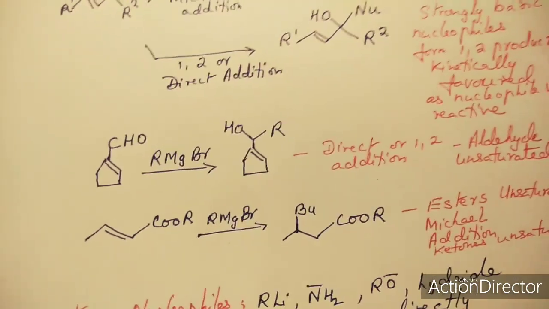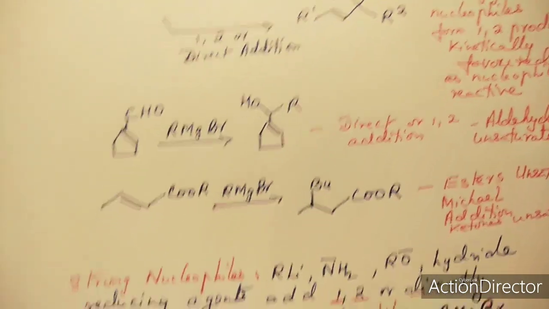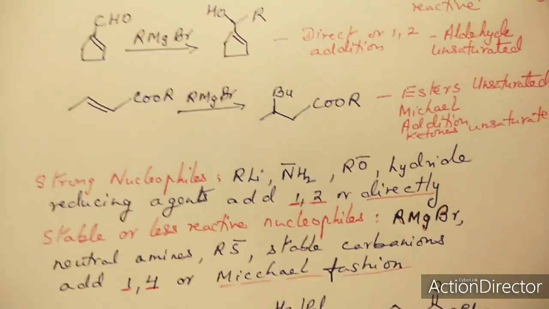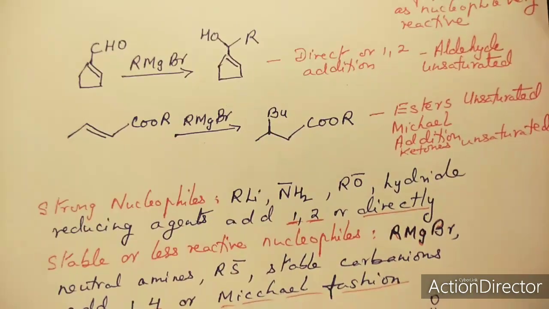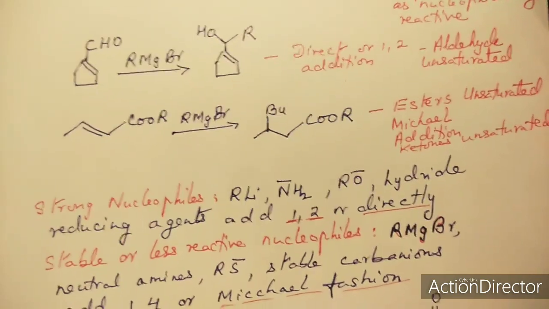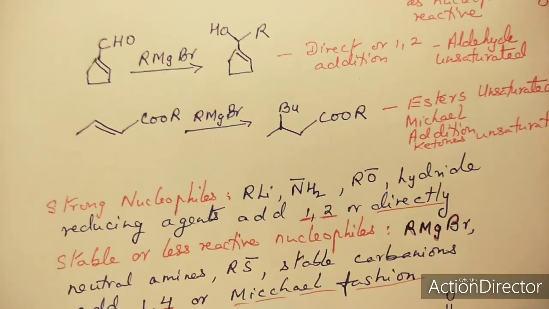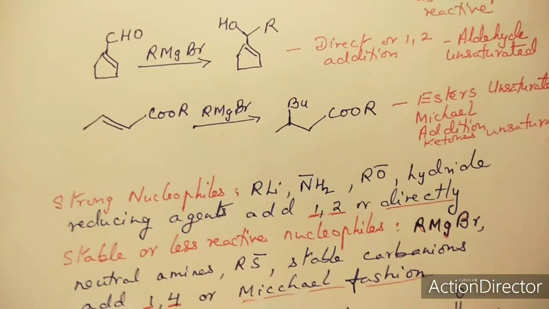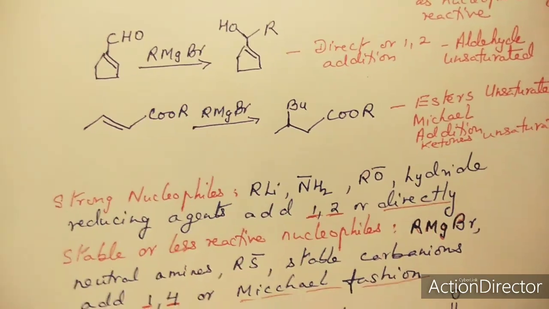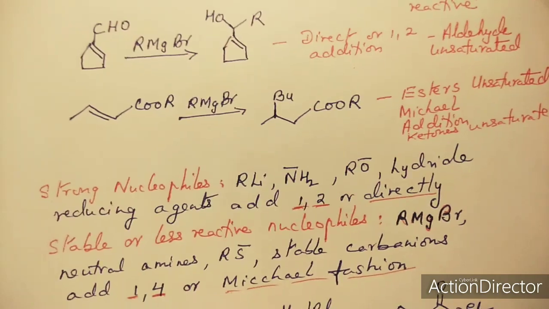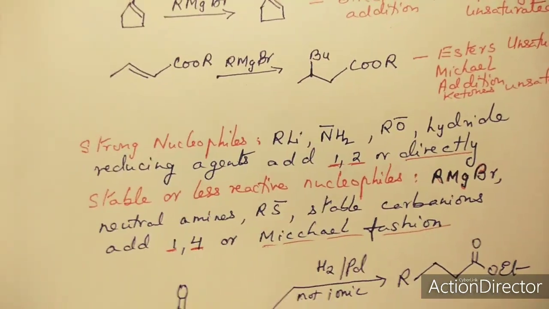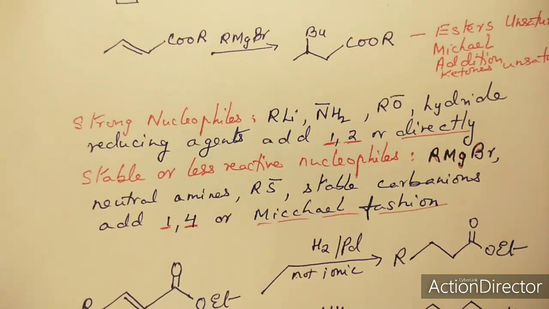So as a general rule, we can say that strong nucleophiles like NH2, RO, hydride, these add in directly in a 1,2 manner. They are strong nucleophiles like we discussed earlier because they are very reactive. So they attack direct on the carbonyl, that is 1,2 addition. On the other hand, there are less reactive nucleophiles, that is the ones which are stable.